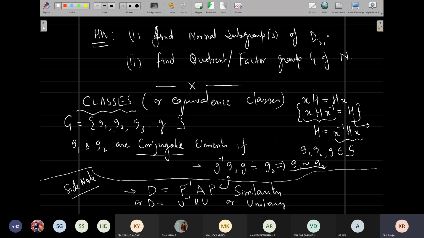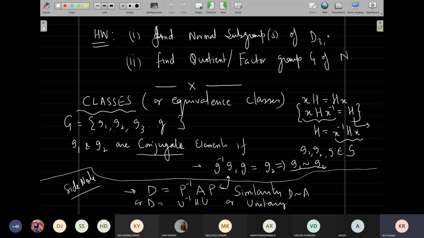At this time, it's similar to what we did for the similarity transformation. These kinds of elements, just like D and A here, can be called conjugate elements of each other. For all practical purposes, for the ones which we are using, they are basically the same. Okay, why this is interesting, let's continue to work on it.